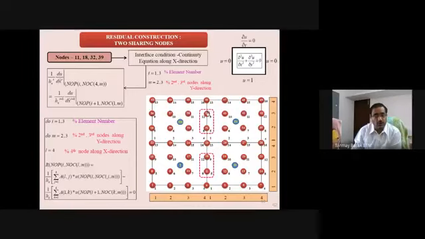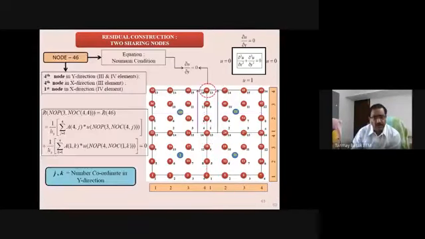So when you talk about this point, this is the fourth x point for the first element, and the first x point for this element, so third and fourth elements are sharing. Similarly, for the y direction, it is the third point of the y direction for both the sharing elements. So this part has to be taken care of pretty well for computer programming purposes.